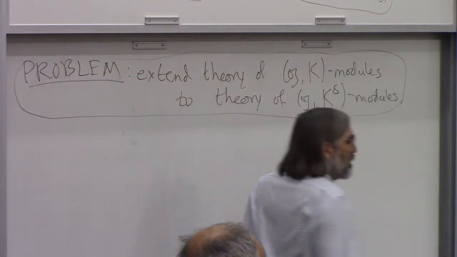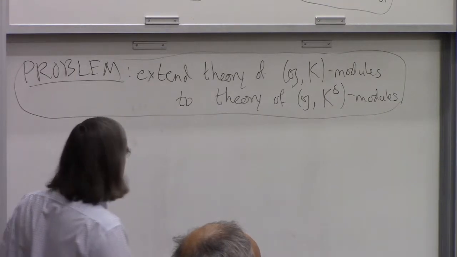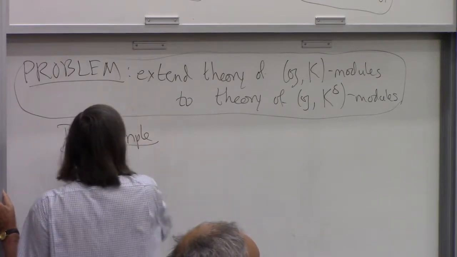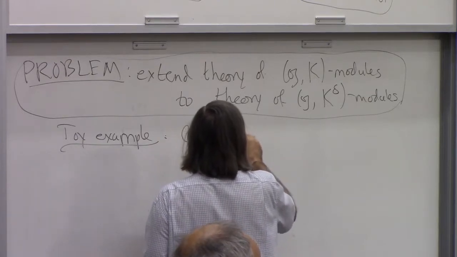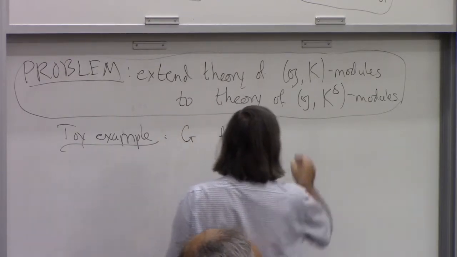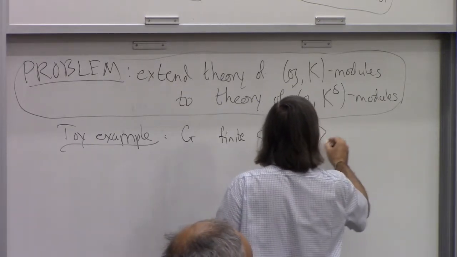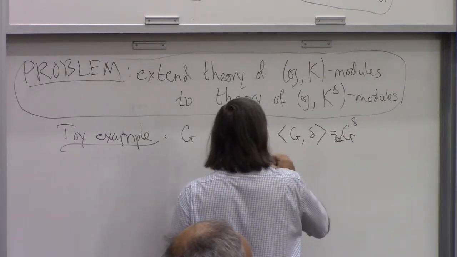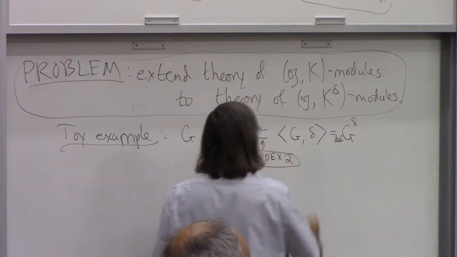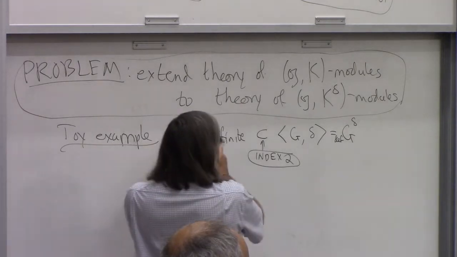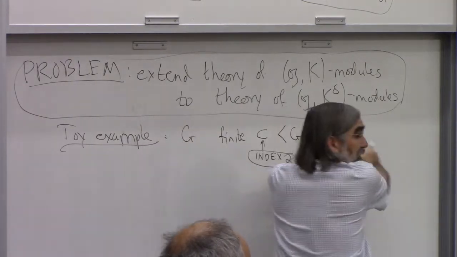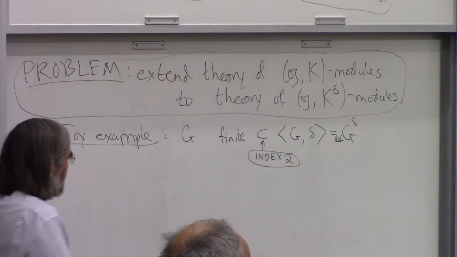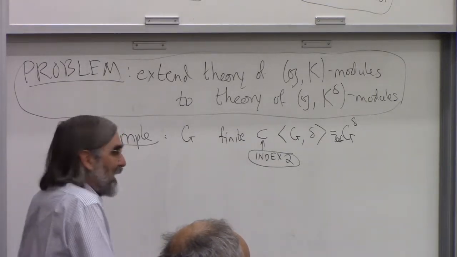So let me talk about a sort of toy example. I'm going to start with a finite group G, contained in some larger group that I'll write G delta, and I want this to be index 2. And I want to understand the relationship between the representation theory of G and the representation theory of G delta. This is old news, but I just want to review the obvious facts about this.